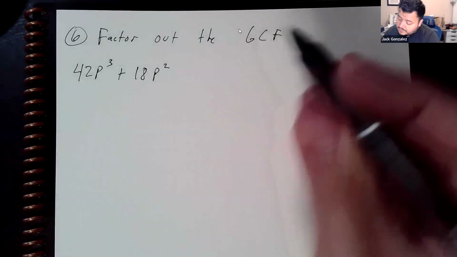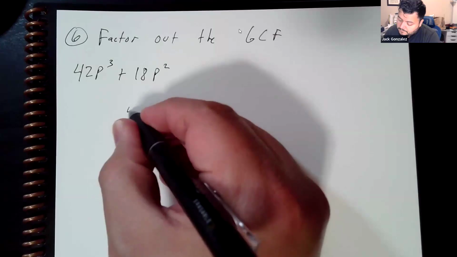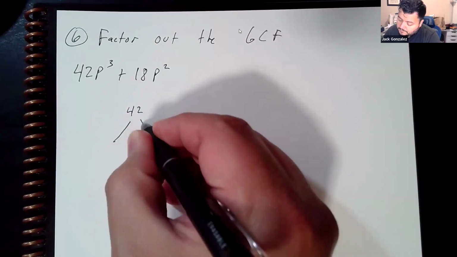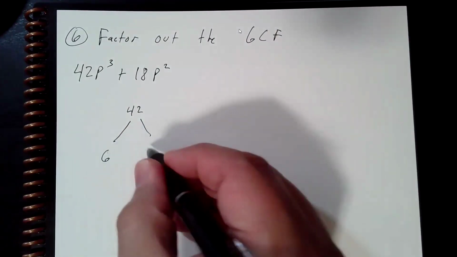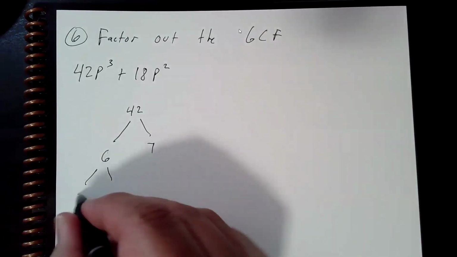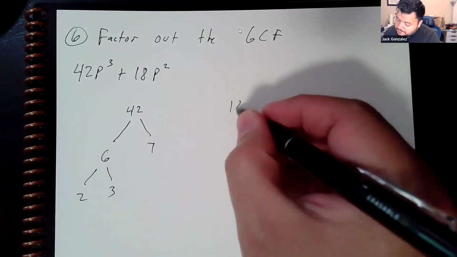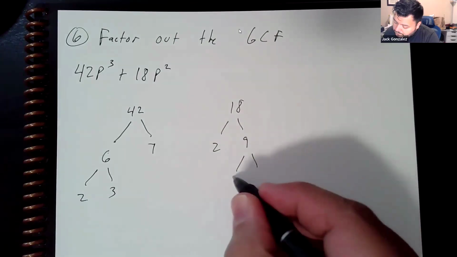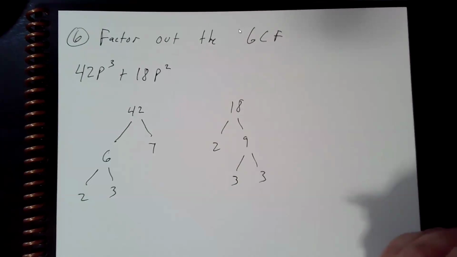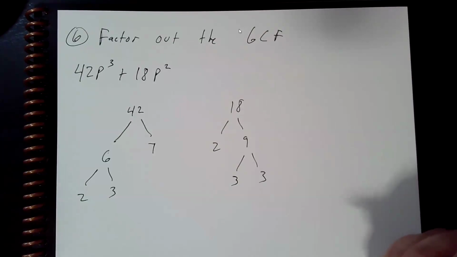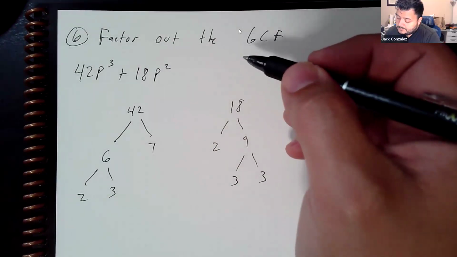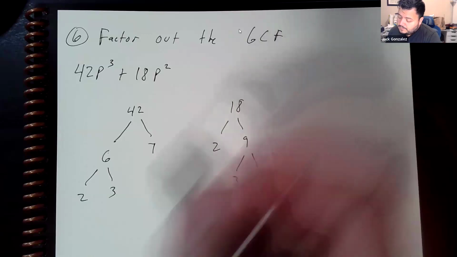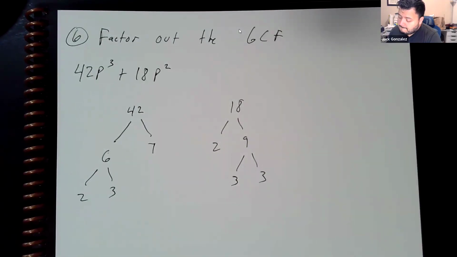Now, the numbers, if you can't see them, let's break it down real quick. 42, right? 18. Okay. So what numbers do they have in common?